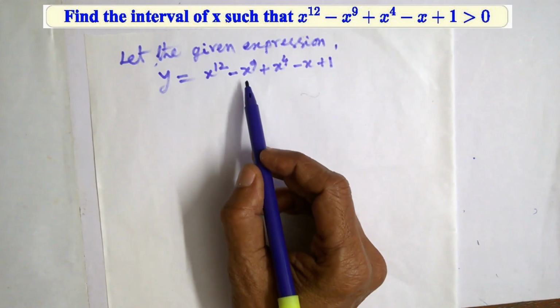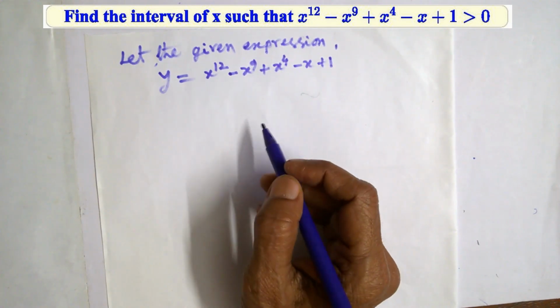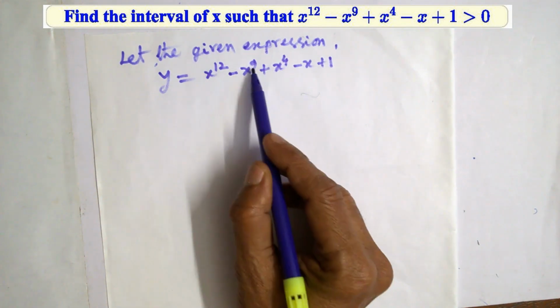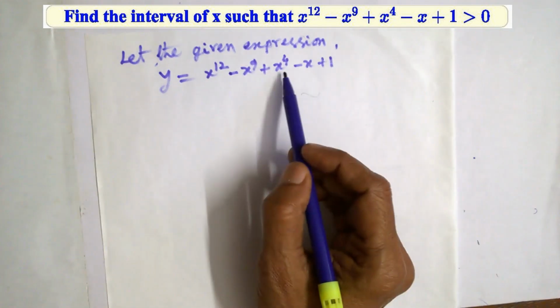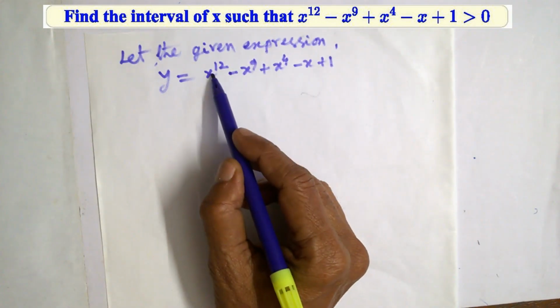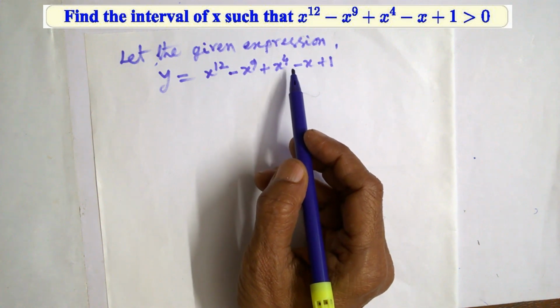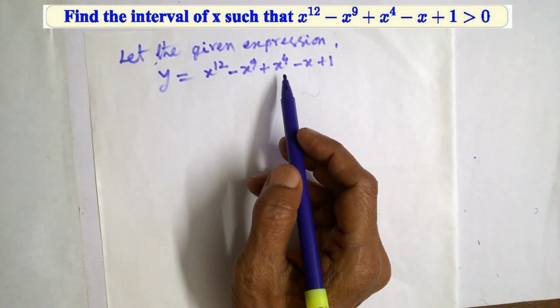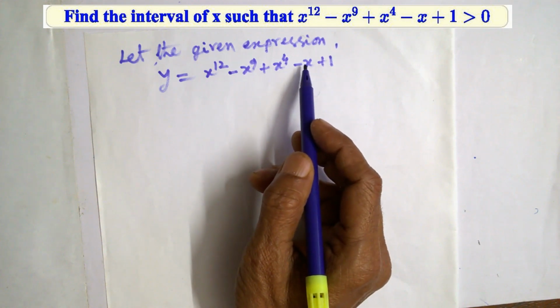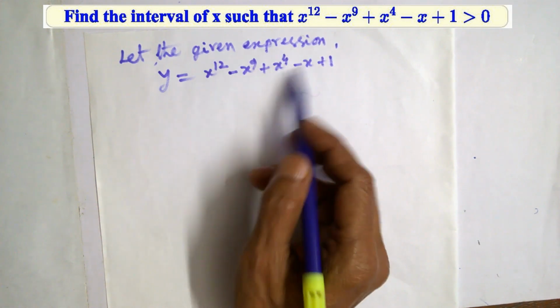We have to find out the interval of x. See, here there are 5 terms, 4 terms involving x. We will write these 4 terms such that we are able to decide the values or the sign of this expression.